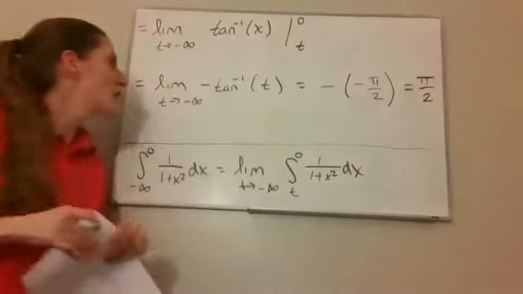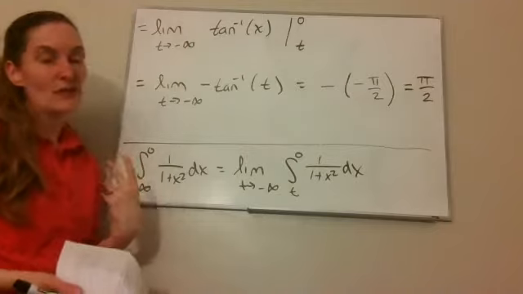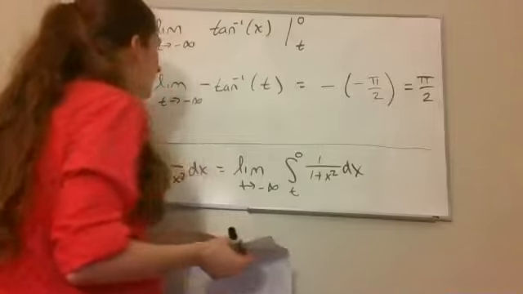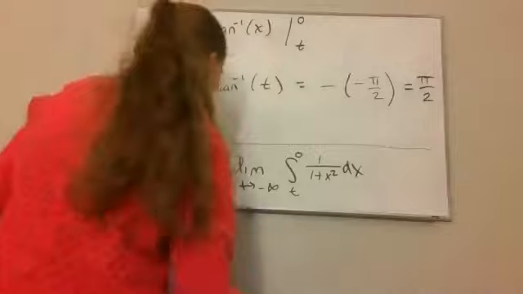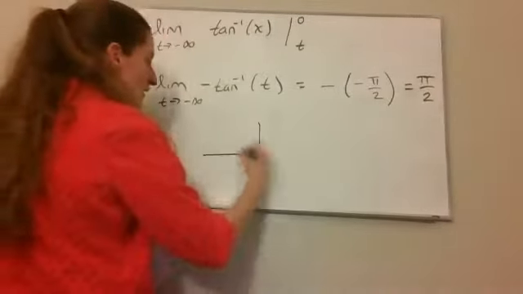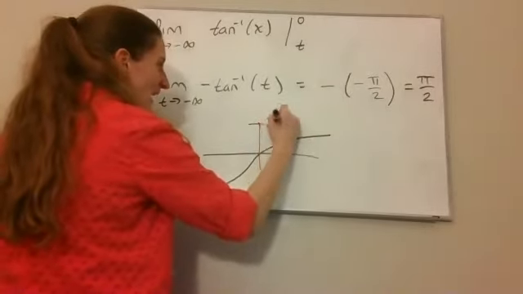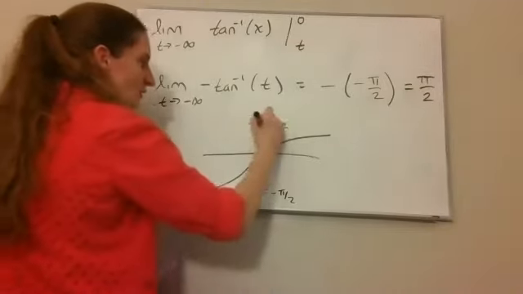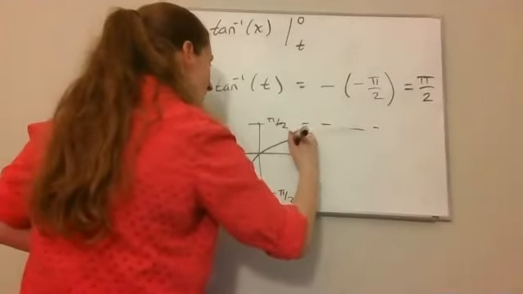Now, if you did not know what this limit is of your inverse tangent, you might want to remember what the graph of the inverse tangent function looks like. And you would find that you have a horizontal asymptote on the left side of negative pi over 2. That graph of inverse tangent, just a really rough graph, looks something like this, where I have horizontal asymptotes at pi over 2 and negative pi over 2.